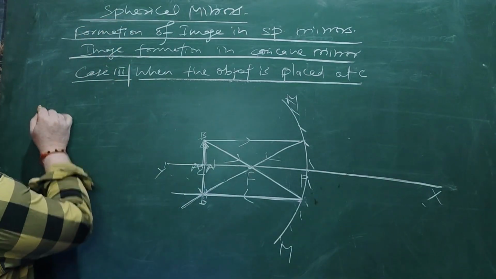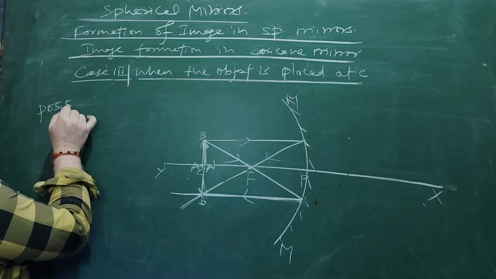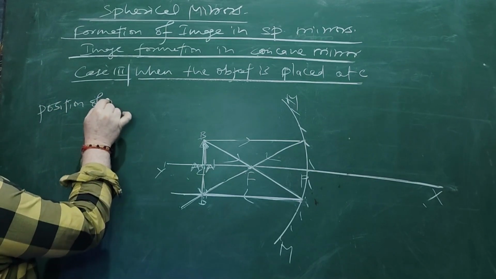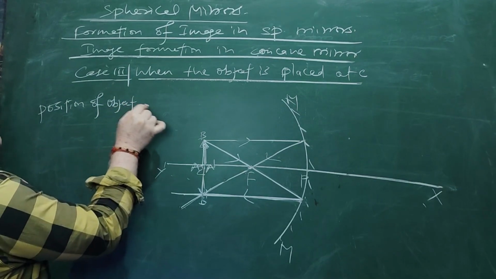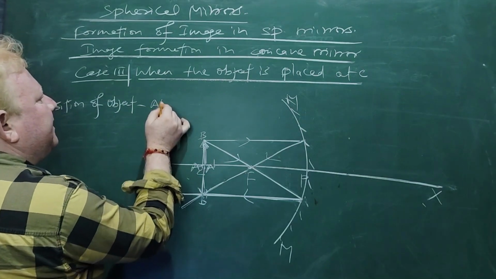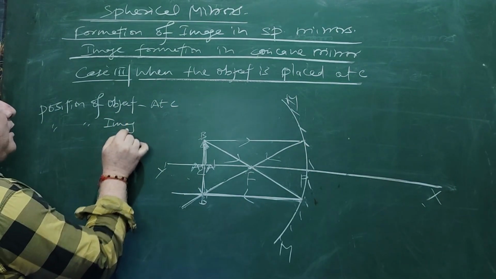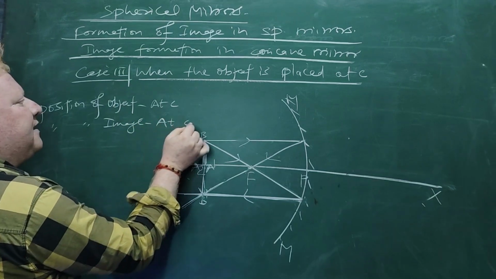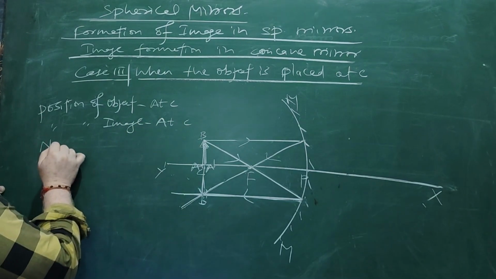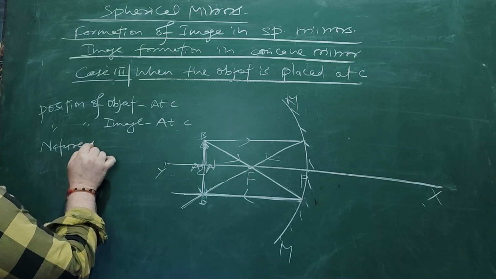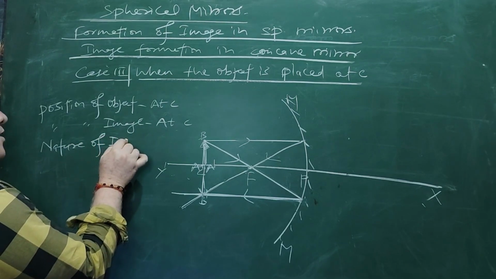So you can see here, what is the position of the object? The position of the object is at C. What is the position of the image? The position of the image is also at C. And what about the nature of the image?